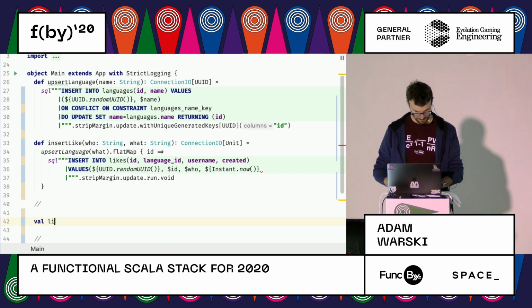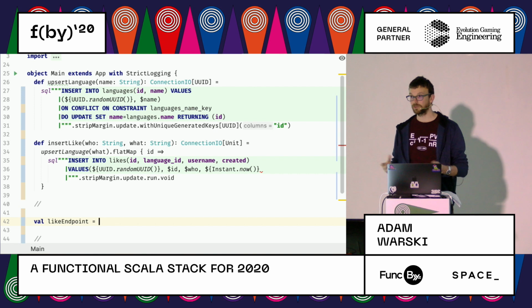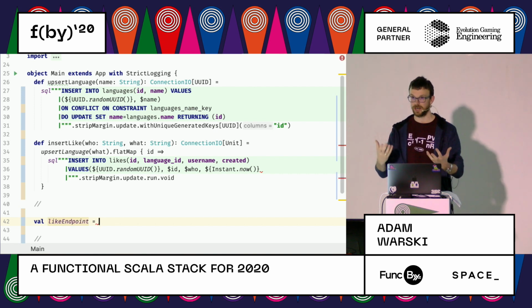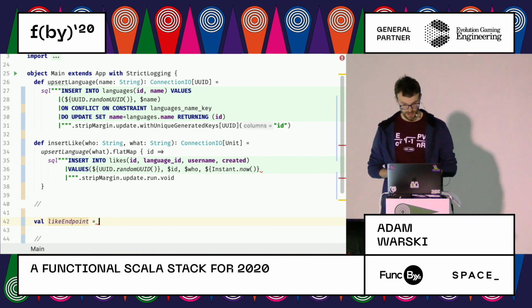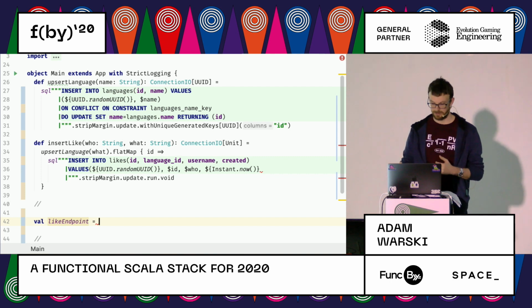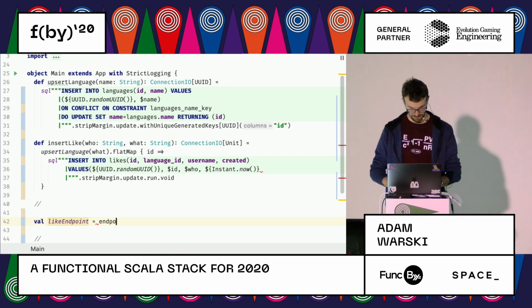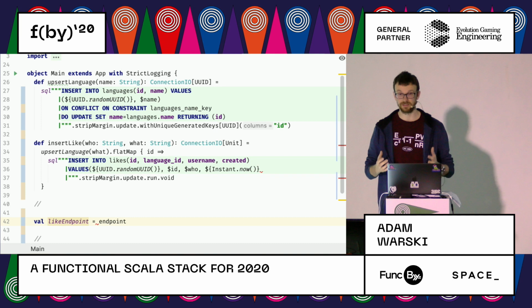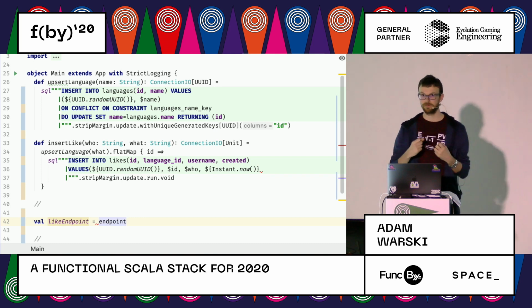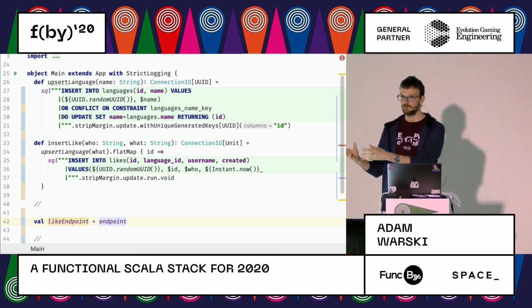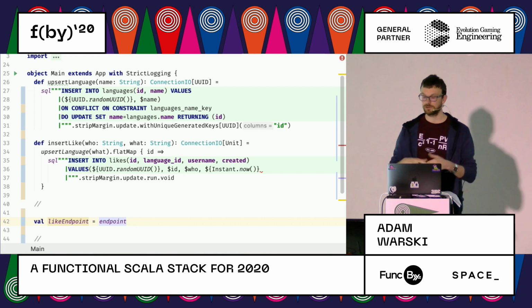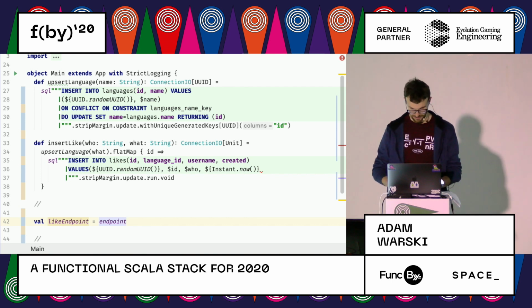So our like endpoint, and the description of an endpoint is again a data structure which describes the structure of the endpoint. So it's built incrementally. How it works is that we start with an empty endpoint which doesn't map any values from the request and doesn't map to any values into the response, and then we refine it to capture the necessary information.